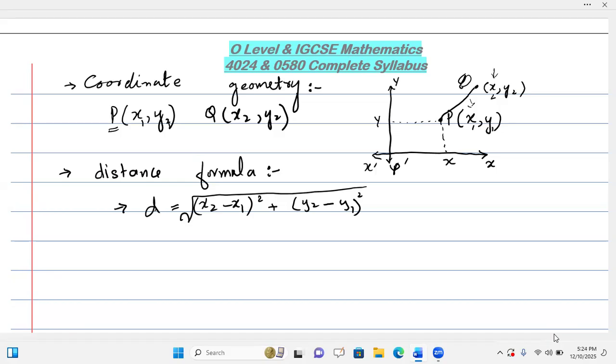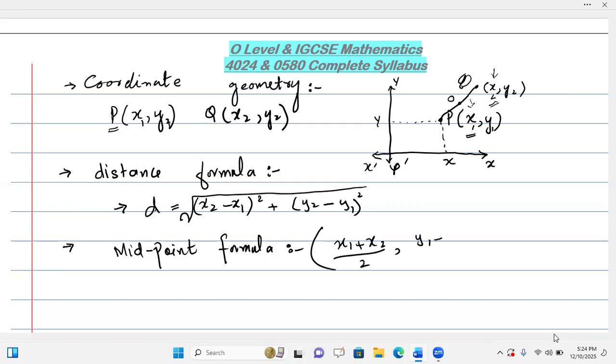After that, when you go for the midpoint, I am taking another point on PQ, like point O, and I say find the coordinates of this midpoint O. Then the midpoint formula will be stated as x1 plus x2 over 2, comma, y1 plus y2 over 2.